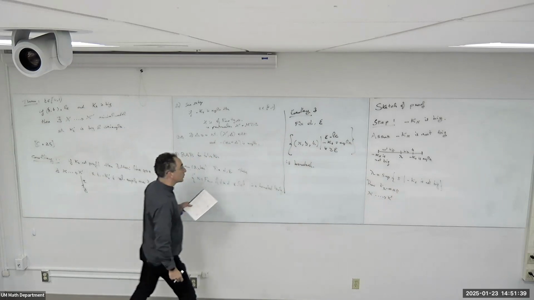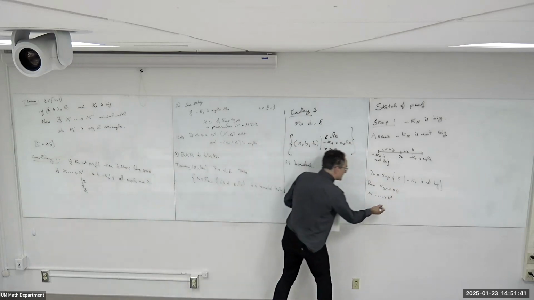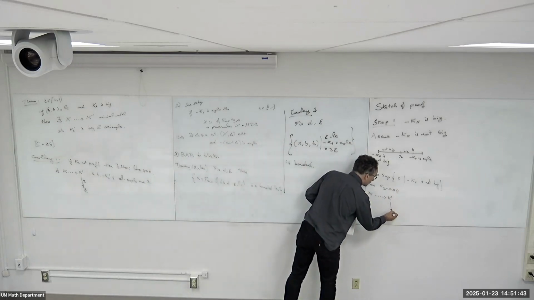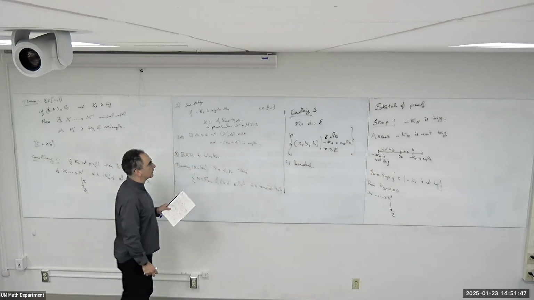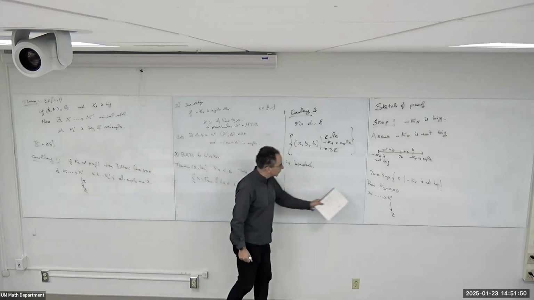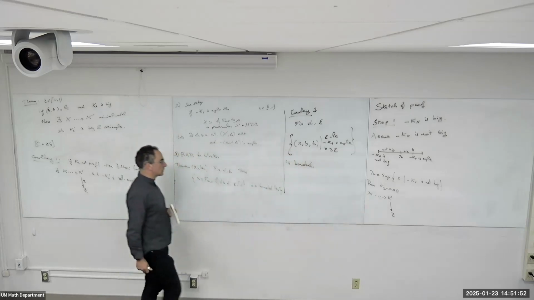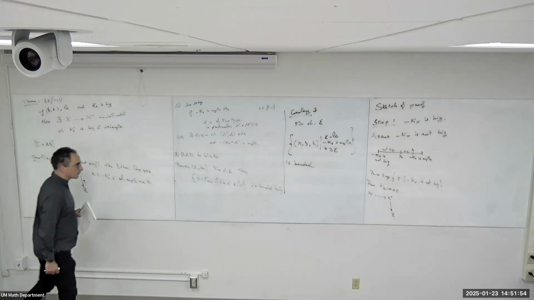And we know that this ends with a good minimal model. So in other words, there's something here which is semi-ample, which is nothing but the Iitaka fibration of K_lambda. K_lambda is effective, but not big. So this map is not birational.